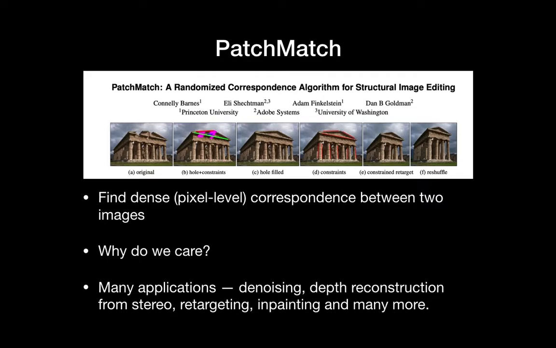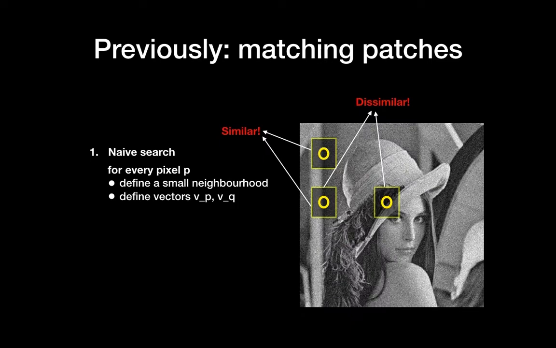In addition, if you're given two images and you know which pixel corresponds to what in the other image, and you know how they are acquired, then you can reconstruct the depth from where you're acquiring to what you're acquiring. And then they can also be used in retargeting. Retargeting was also mentioned in the lecture, and I'll show you an example later. Inpainting and many more.